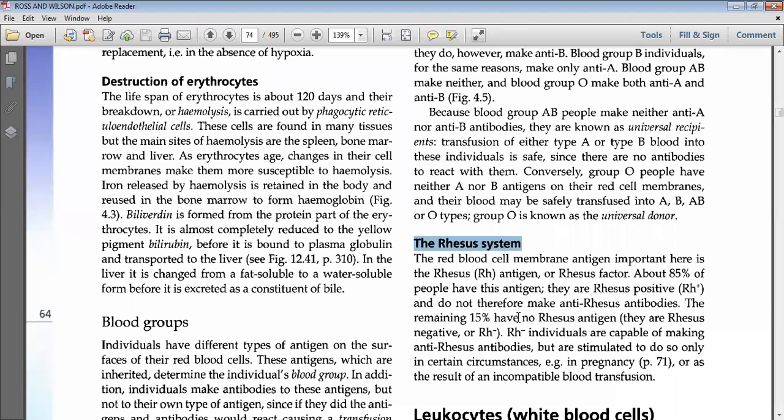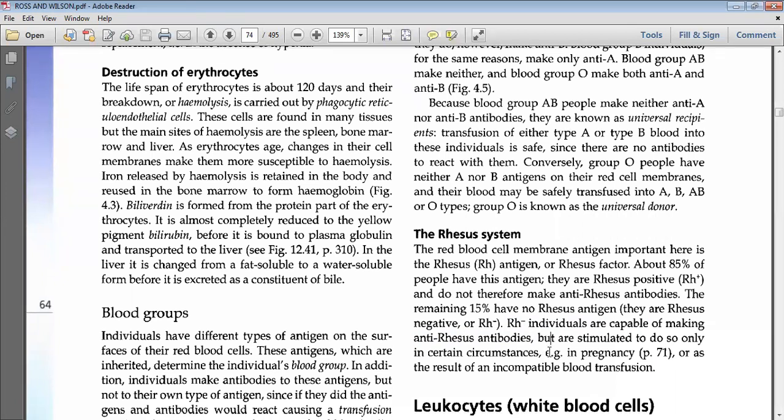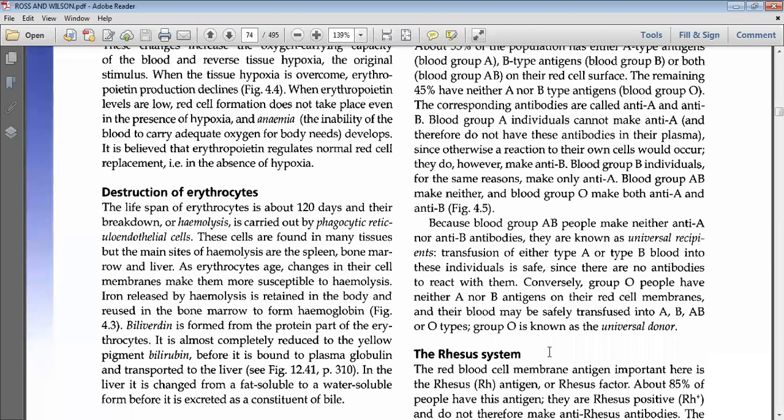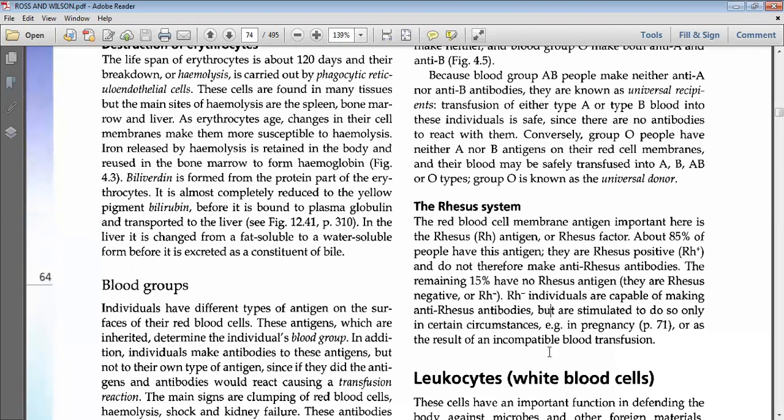While the 15% have no Rh antigen, they are rhesus negative, that is Rh negative. Rh negative individuals are capable of making anti-rhesus antibodies, but are stimulated to do so only in certain circumstances, that is in case of pregnancy or as a result of incompatible blood transfusion.